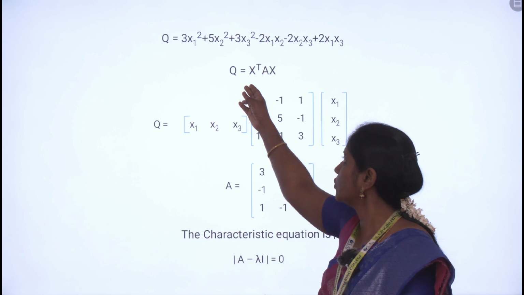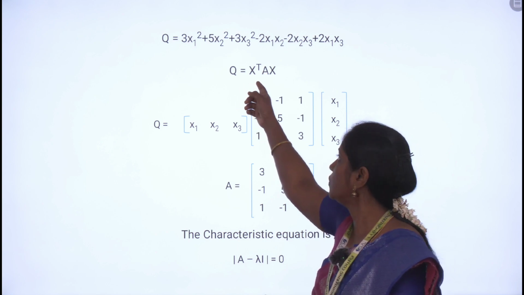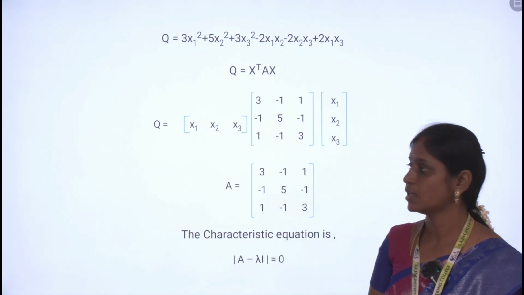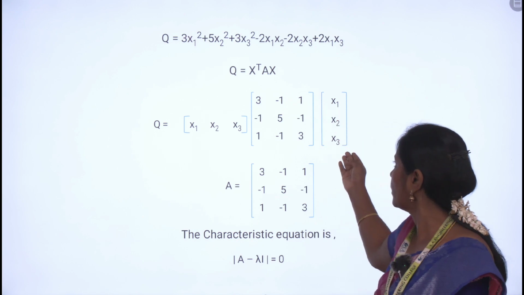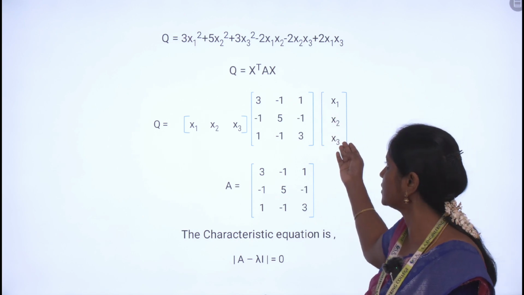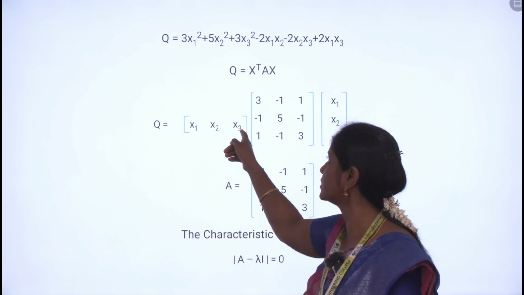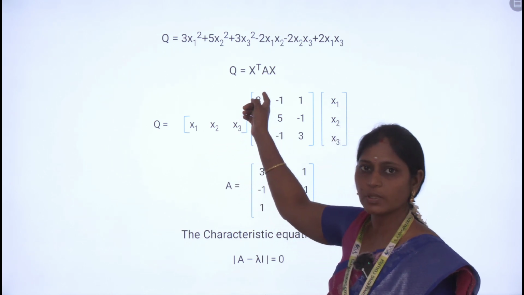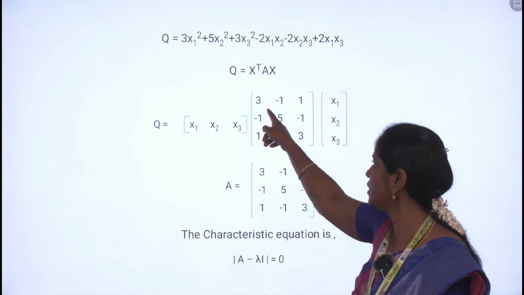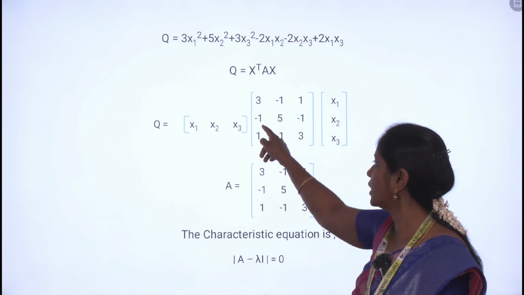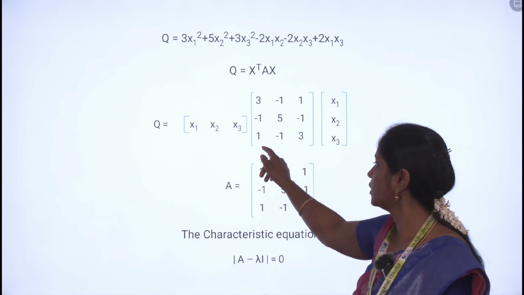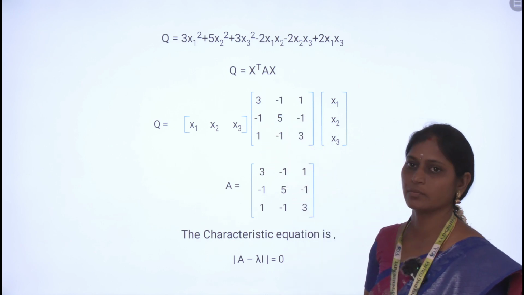In the quadratic form, Q is defined as Q equal to X transpose AX, where X is a column matrix x1, x2, x3, and X transpose is the row matrix x1, x2, x3. We found the value of the matrix A, that is [3, -1, 1; -1, 5, -1; 1, -1, 3].